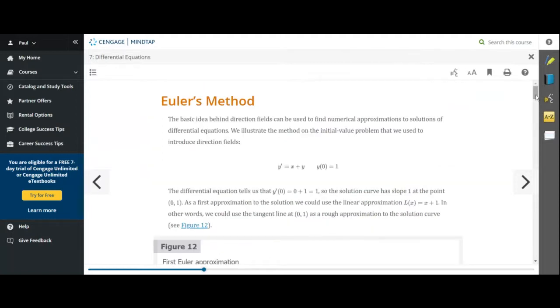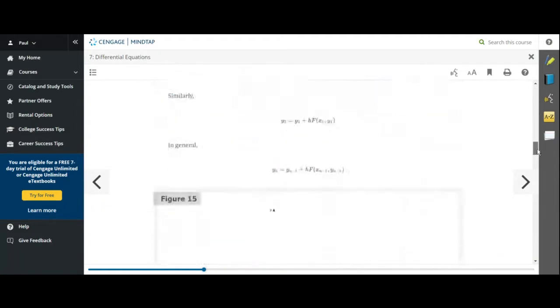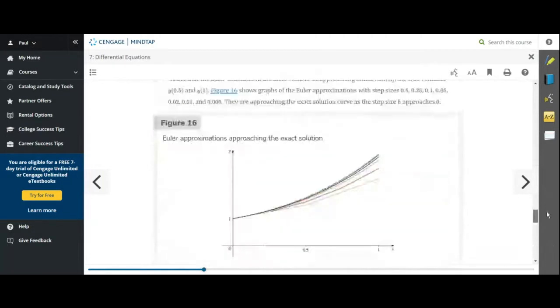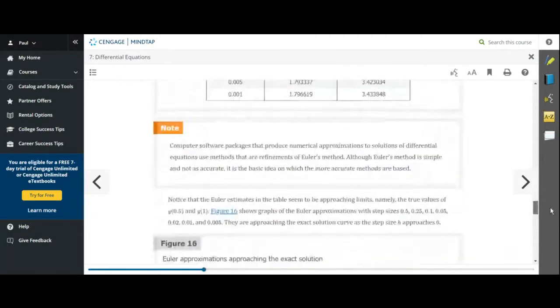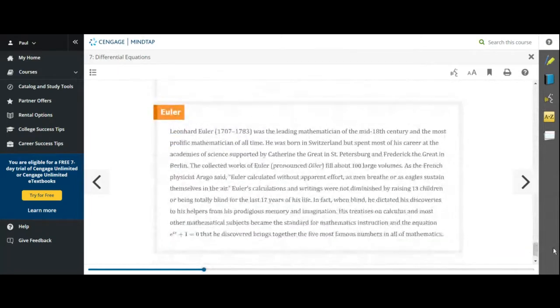This allows us to approximate solutions to differential equations. But there's information on Euler. Oh yeah, below Euler's method, there's a footnote on Euler. Who's heard of Leonhard Euler before? Have any of you heard of this mathematician? He was the leading mathematician of the mid-18th century and the most prolific mathematician of all time.